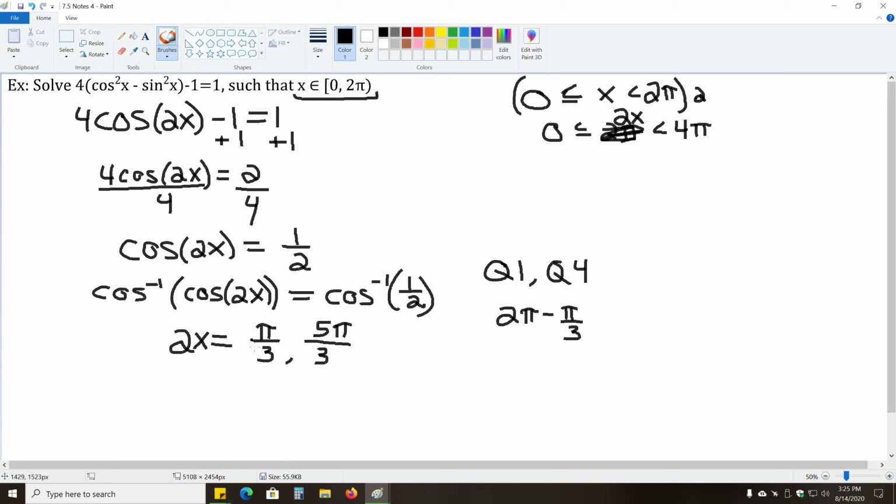But we're not done from there, because remember, we're solving for 2x being between 0 and 4 pi. This is just between 0 and 2 pi. So if we add 2 pi to each of our angles, pi over 3 plus 2 pi is the same thing as pi over 3 plus 6 pi over 3. That gives us 7 pi over 3.